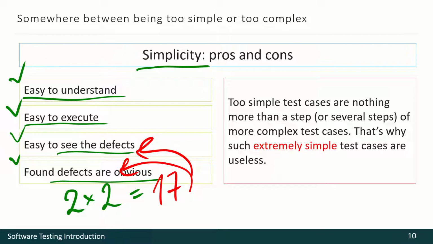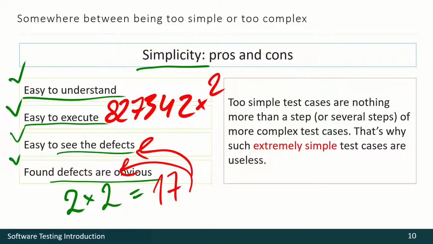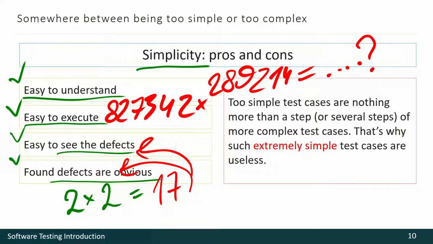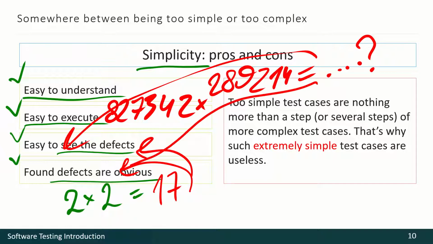And now imagine that you are somehow multiplying, let's imagine, some numbers, and you see some results here. How easy is it to see the defect? It's not easy. And even if you see it, how easy will it be to prove that there is a defect.